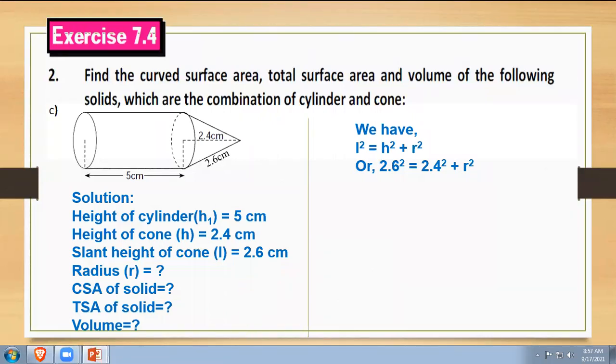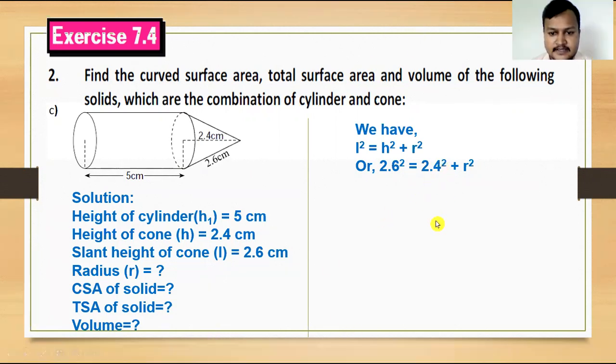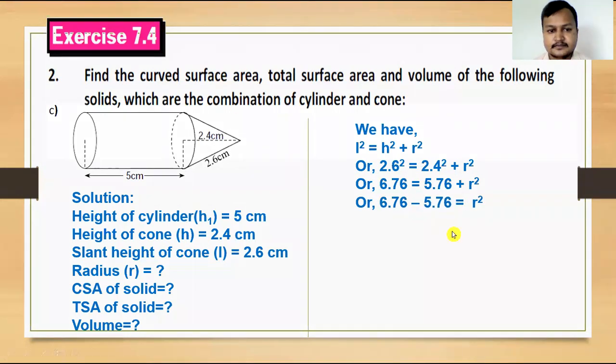And next, 2.4 square: 5.76. After that, take that 5.76 to the left side and subtract. We get 1 only. r square is equal to 1. If we take the square root of it, again we get 1. So the radius of this cone or cylinder is 1 centimeter.